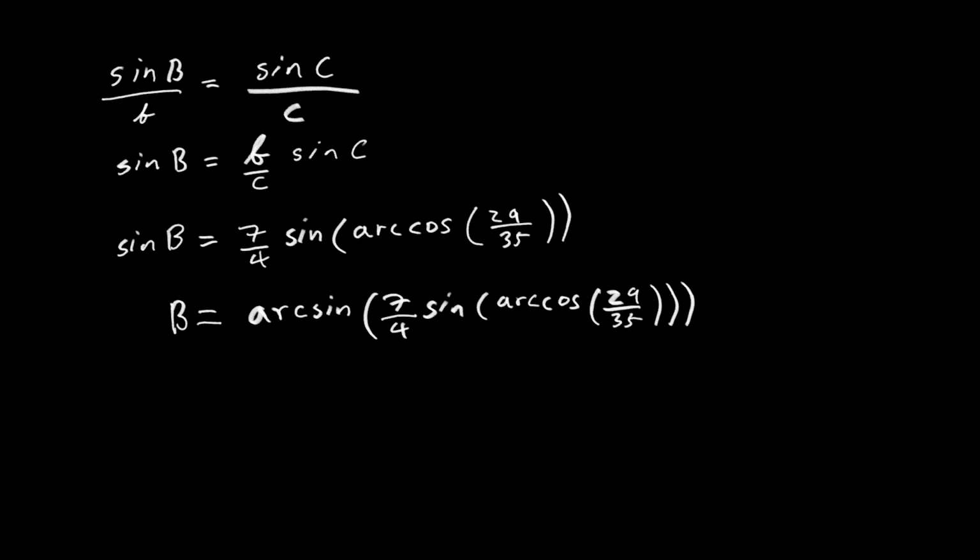Okay? Now, if you were to punch this into a scientific calculator, you would actually get that B is approximately equal to 78.46 degrees, rounded to 2 decimal places.